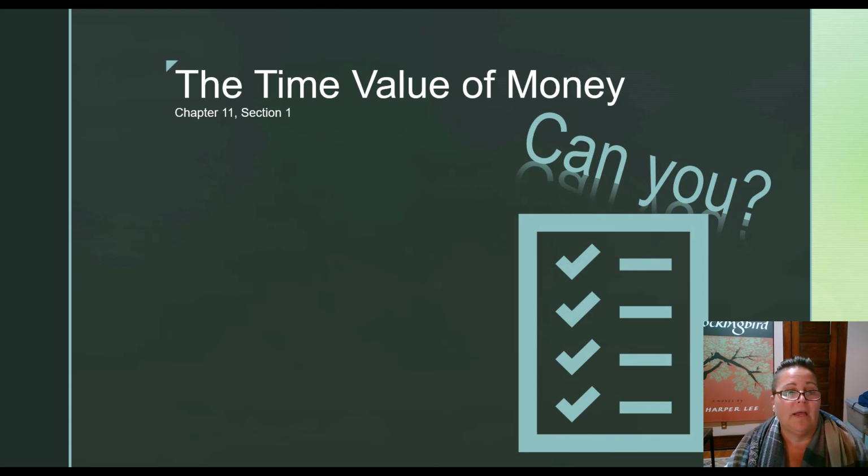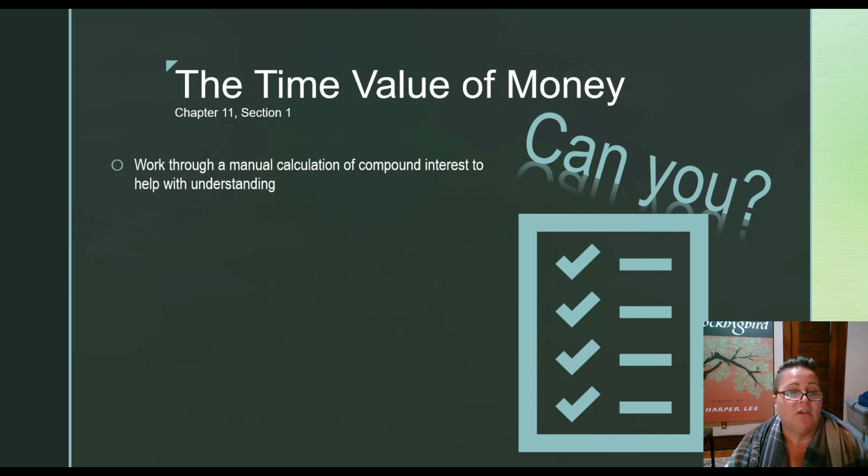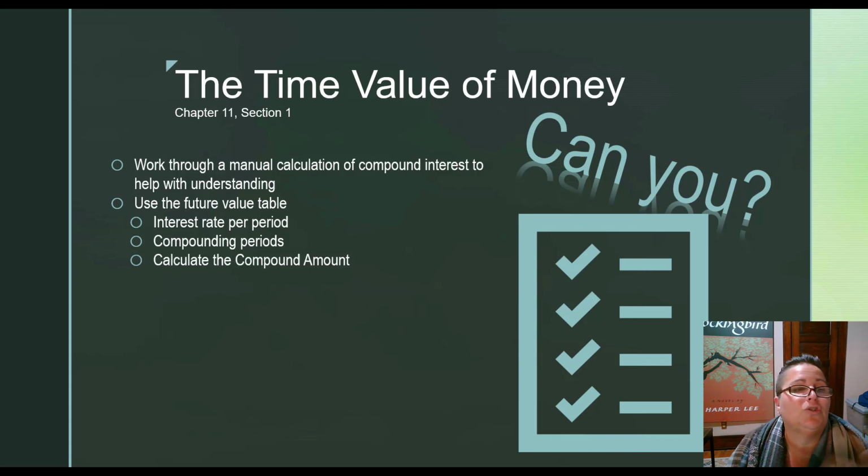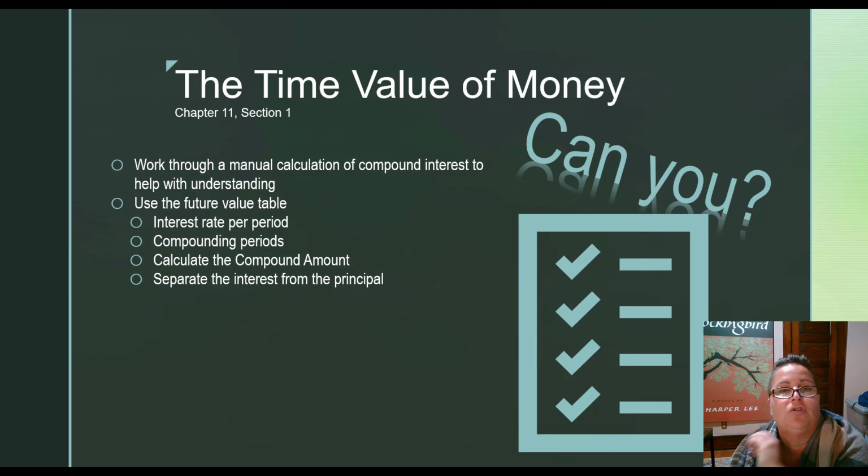So at this point, do you feel like you could work through a manual calculation of compounded interest to help you with understanding? Do you feel like it helped you? I'm not going to make you do another manual calculation, but do you feel like it helped you? Do you feel like you could use the future value table, including finding the interest per period and the total number of compounding periods? Could you calculate the compounded amount and separate interest from principal? Could you tell me how much was interest and how much was principal?